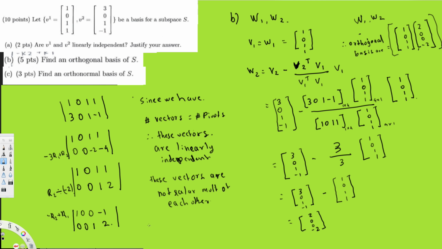So I can write this as C. Orthonormal basis of S equals 1 over root 3 times 1 0 1 1, comma, 2 squared plus minus 2 squared, 4 plus 4 is 8, so 1 over root 8 times 2 0 0 minus 2.